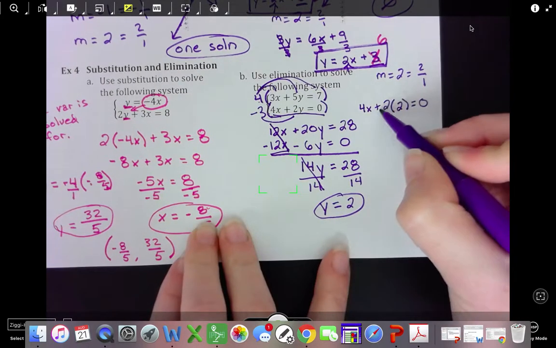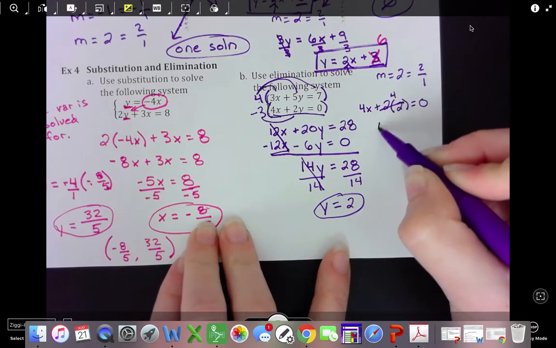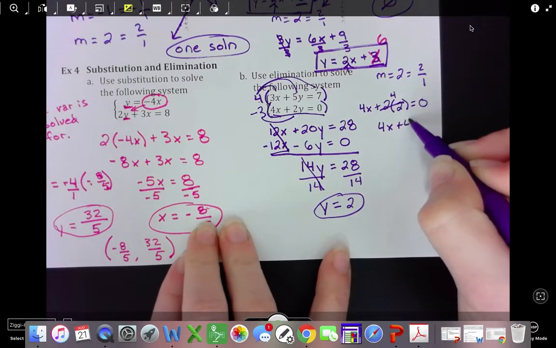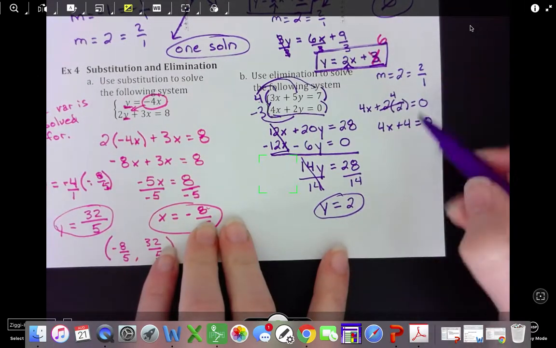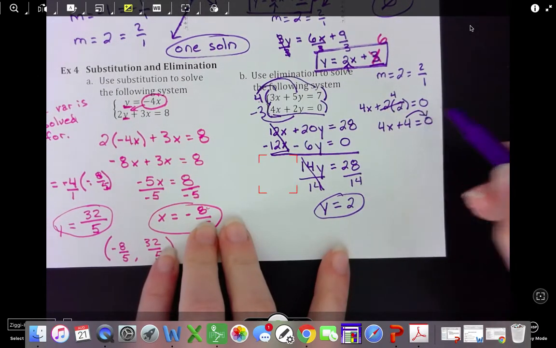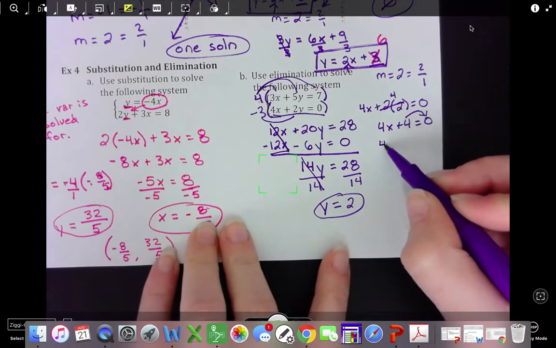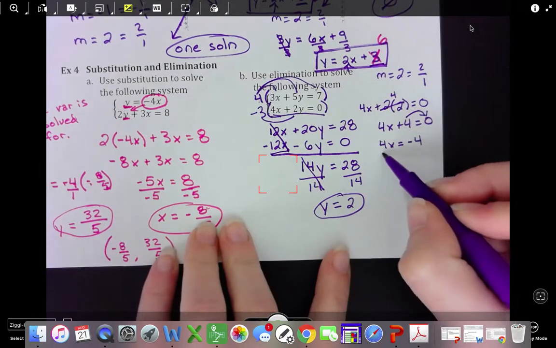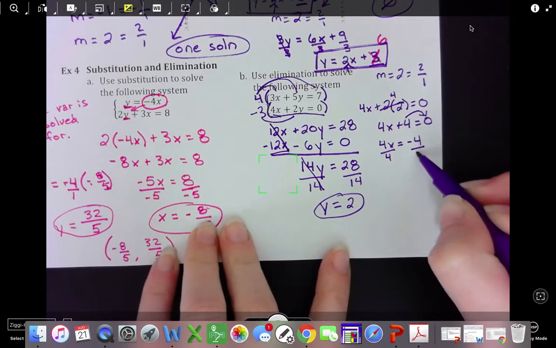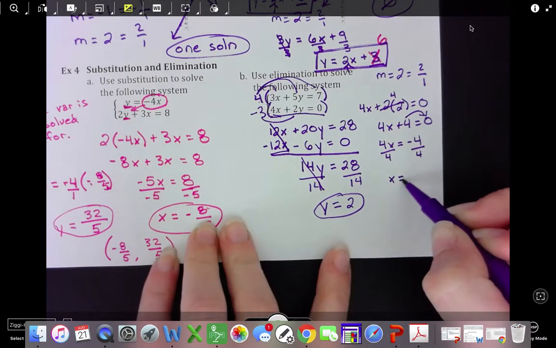Okay? 2 times 2 is 4, so I have 4x plus 4 equals 0. To get the x by itself, I want to move this 4 to the other side. So 4x equals negative 4. And I'm going to divide both sides by 4, x equals negative 1.